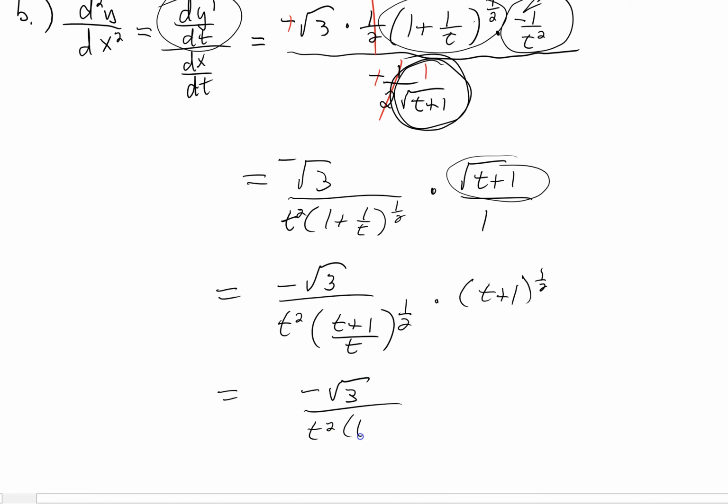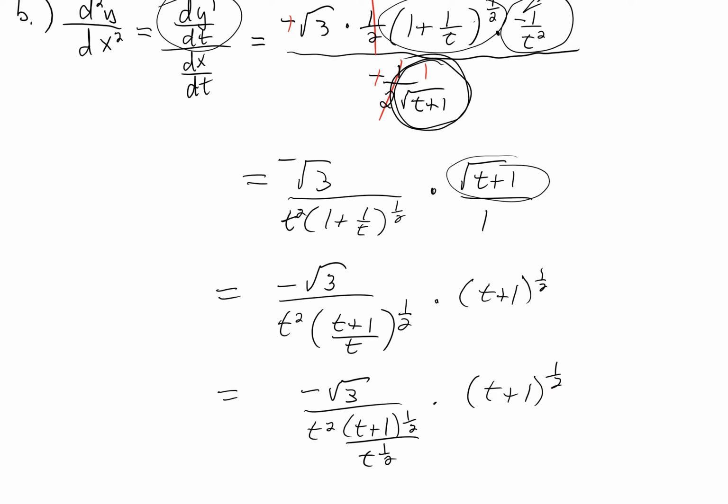And this becomes t plus 1 to the 1/2. Down here, you'll have t to the 1/2. And then up here, we're going to have our t plus 1 to the 1/2. And I hope you can see why I did that. These t plus 1s to the 1/2 are going to cancel. You could bring this t to the 1/2 up by that radical 3.